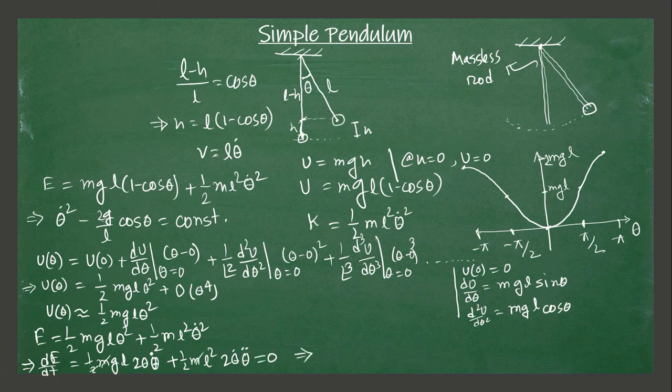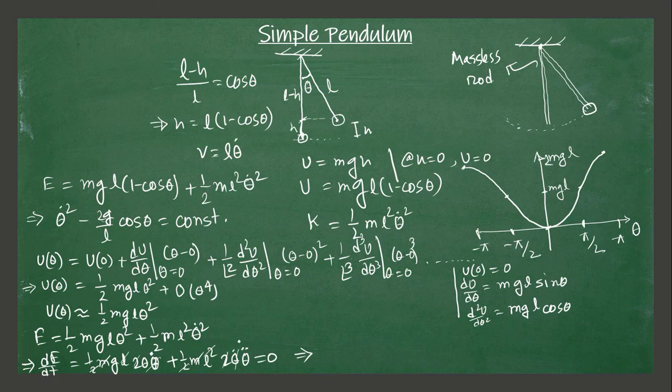This 2 will cancel out with this 2, this m with this m. L, we can factor it out from this one, so we'll have only L here. Again we have theta dot here as well, so they will cancel out as well.